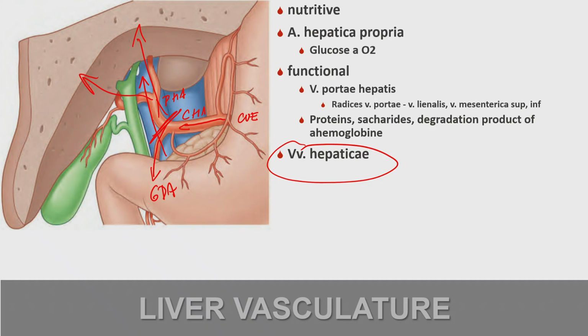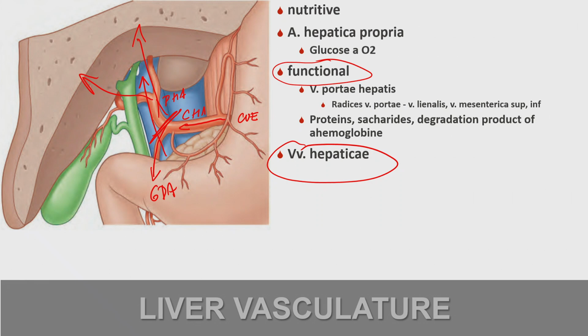So portal circulation is a venous circulation between the gastrointestinal tube and the liver, and it's provided by the portal vein. So this is an important functional system.